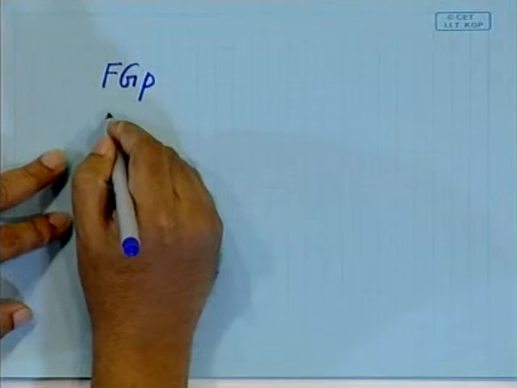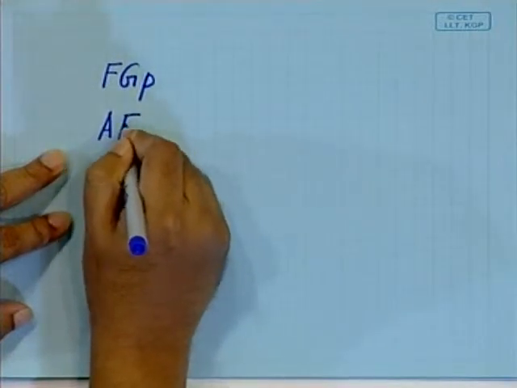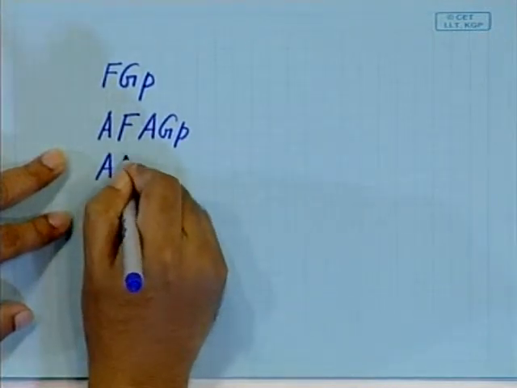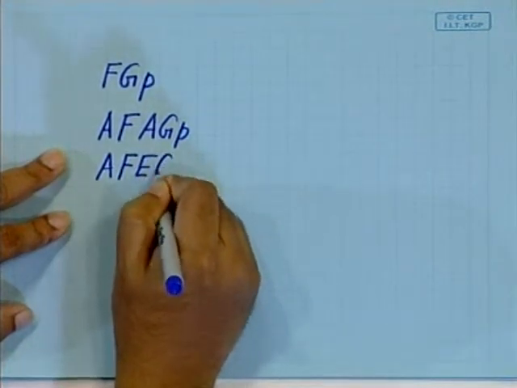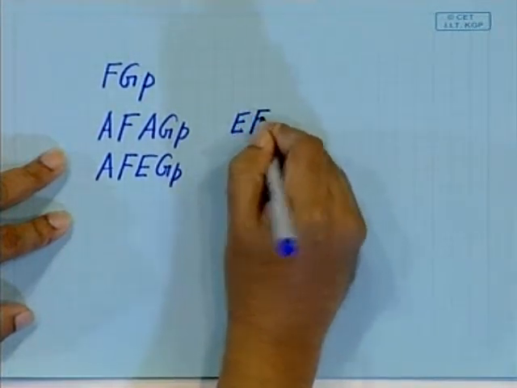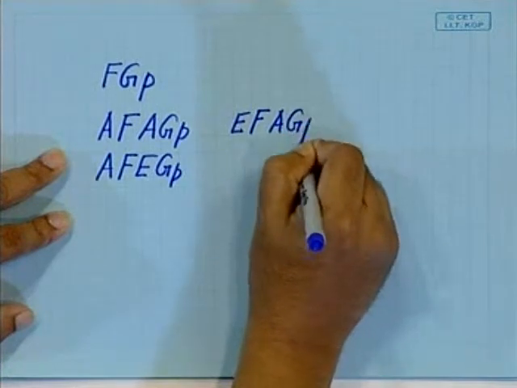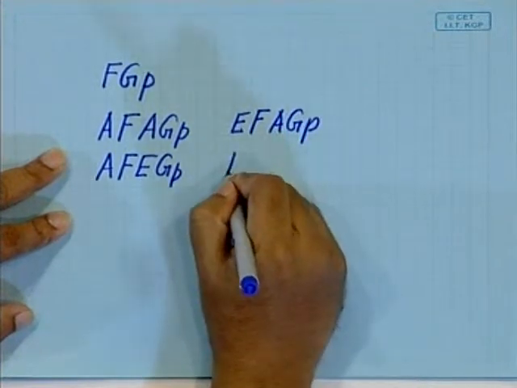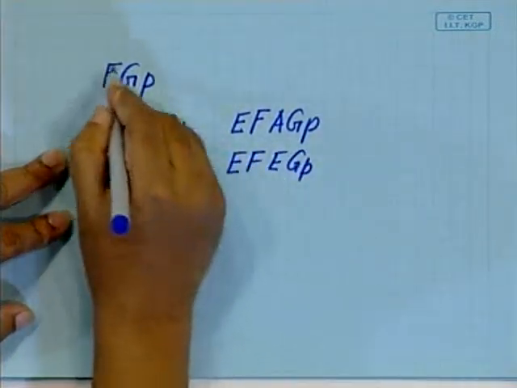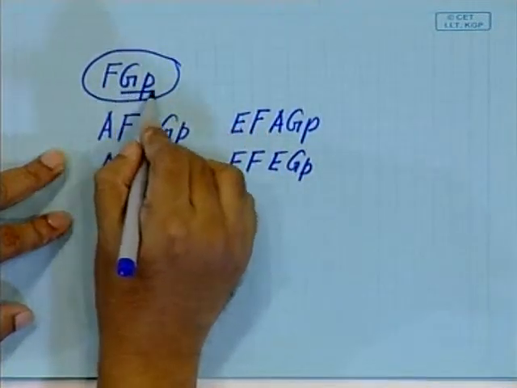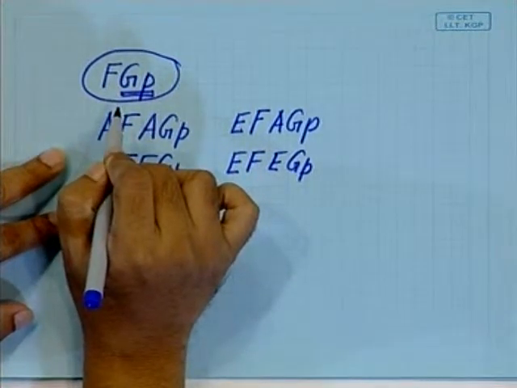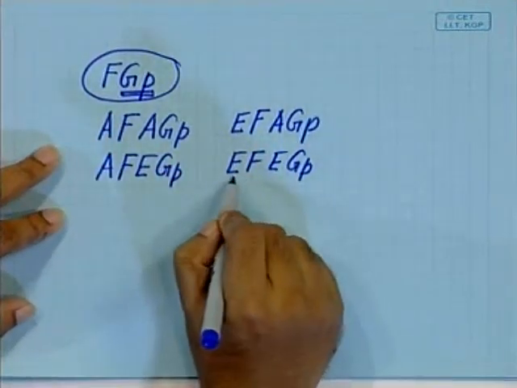You can write AFAGP, that is allowed, AFEGP is allowed, right? You can write EFAGP, no problem with that, or EFEGP. These are perfectly all right. But this, where the path property is not prefixed by an E or A, is not allowed, right? We will see that this makes a lot of difference.